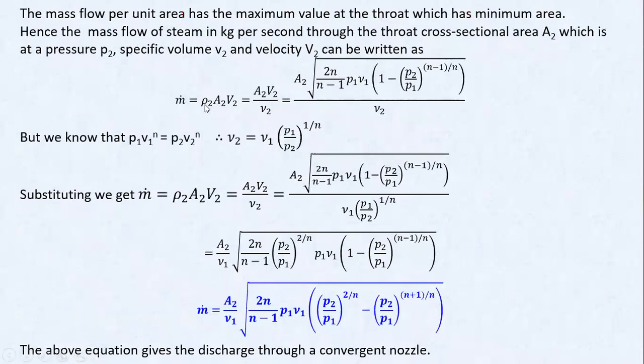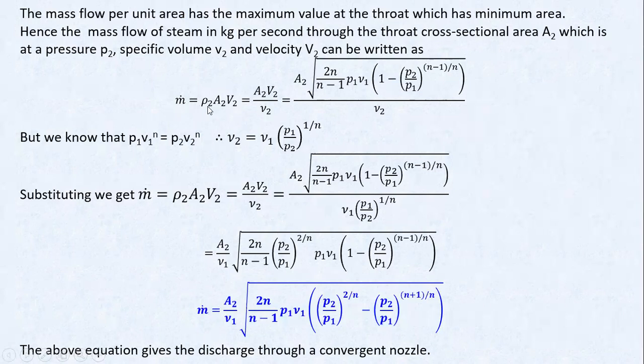Now, we know the mass flow rate will be maximum at the throat because the throat has the minimum area. Hence, the mass flow rate per kg of steam through the throat, with the throat having cross-sectional area A2, density ρ2 and velocity V2.